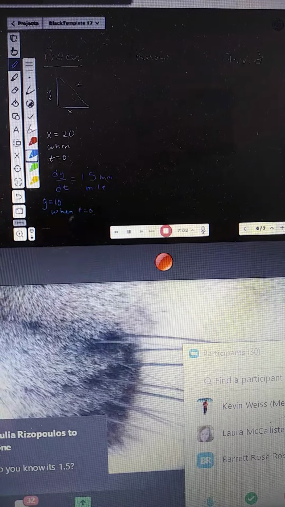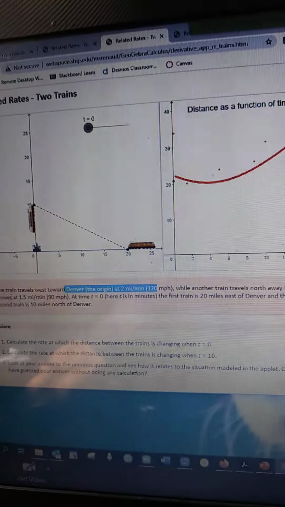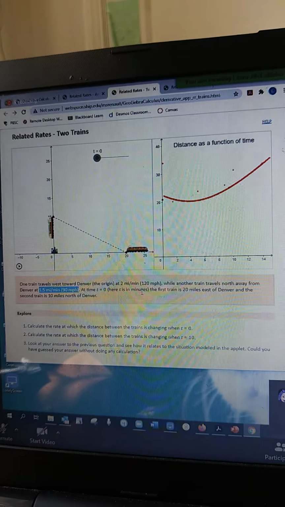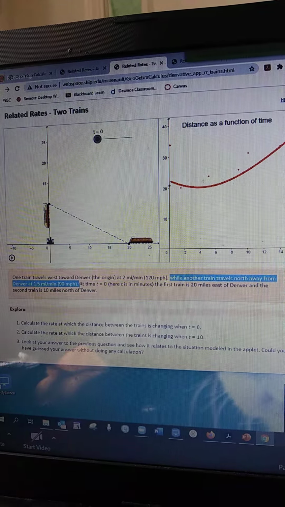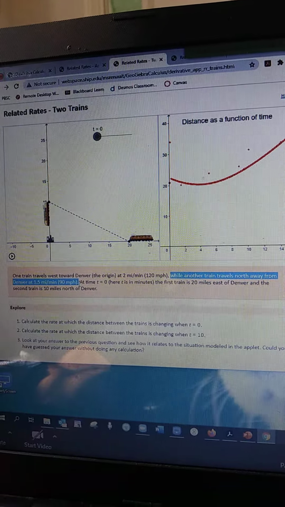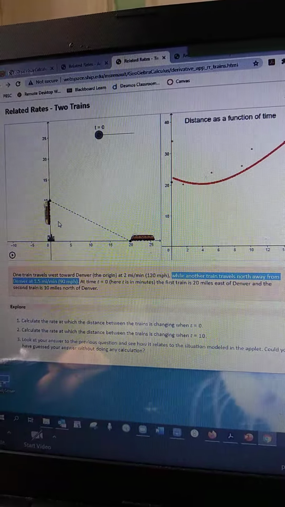You see one train traveling towards Denver. Oops, that's not the right one. One train travels north away from Denver at 1.5 minutes per mile. And since it's traveling north, that's the train that is traveling up.